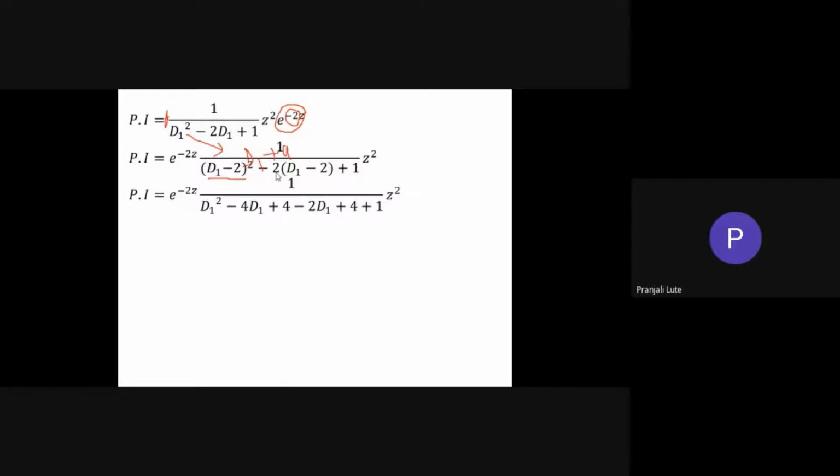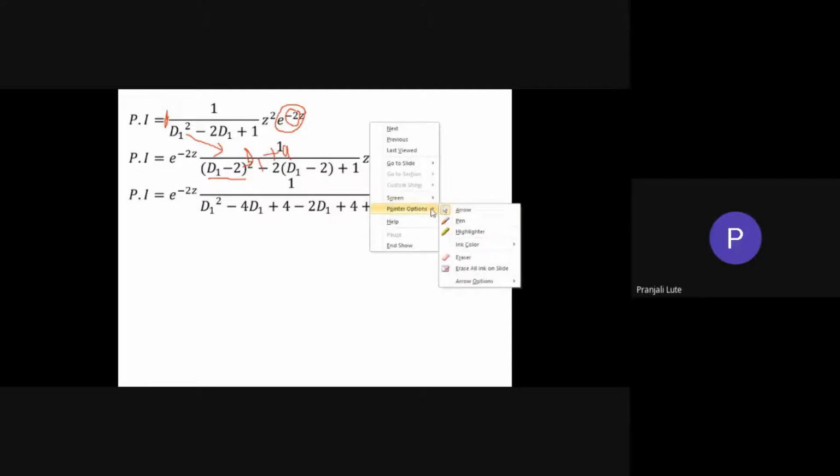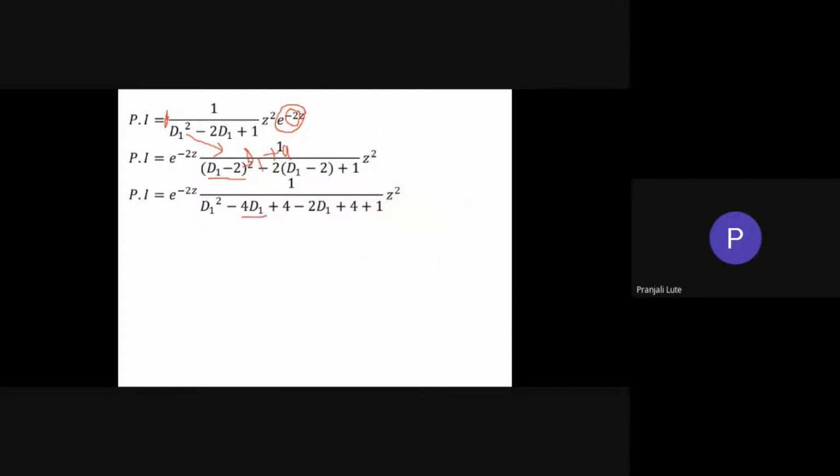Next, minus 4D1 minus 2D1, that is minus 6D1, 4 plus 4 is 8, 8 plus 1 is 9. So the next term will be e to the power minus 2z, 1 upon D1 square minus 6D1 plus 9.